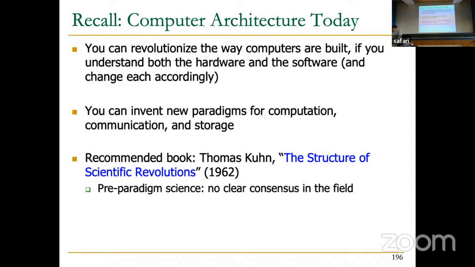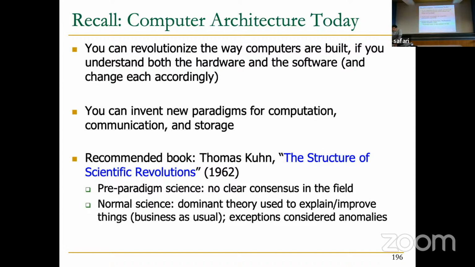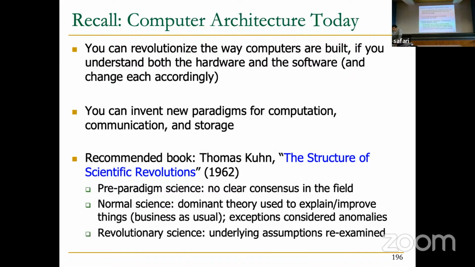In pre-paradigm science, there was no clear consensus in the field. In normal science, there is a dominant theory that is used to explain and improve things, and exceptions are considered anomalies. And here we try to push for exceptions, right?